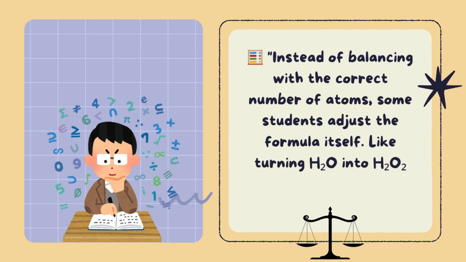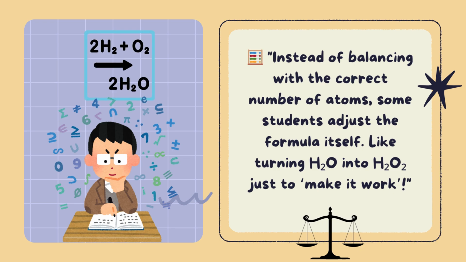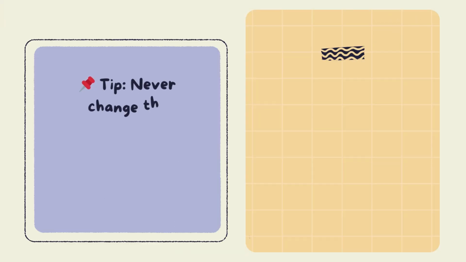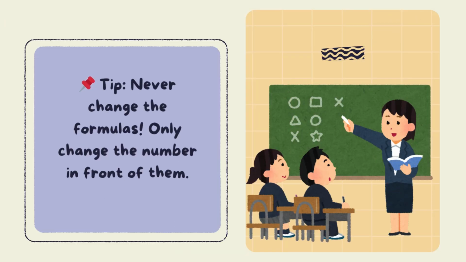Just balance the equation by writing the suitable number before the formula. Like turning H2O into H2O2, it doesn't work. No. Don't change the formula. So the tip to improve it is never change the formula. Only change the number in front of them.